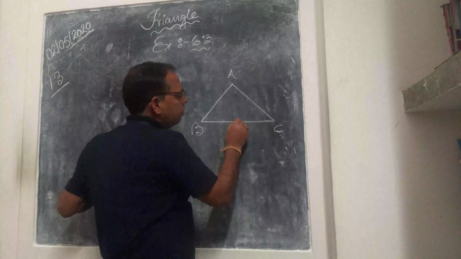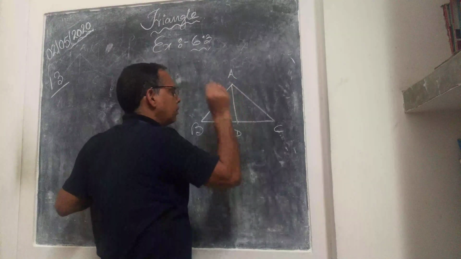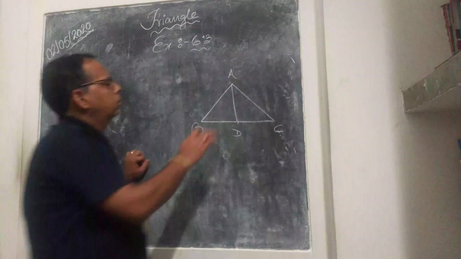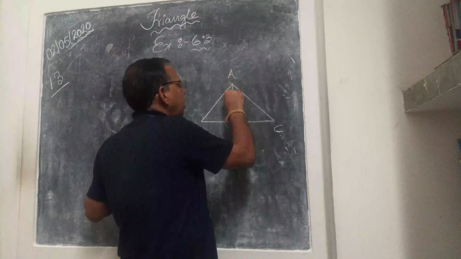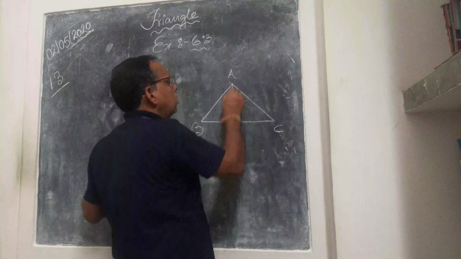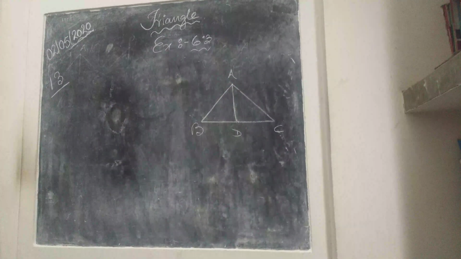So suppose D is the midpoint. Join AD. AD you have joined.